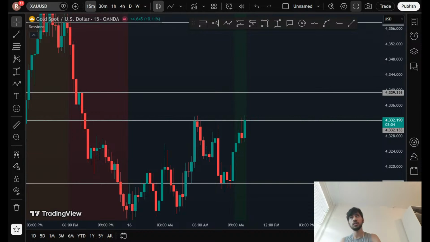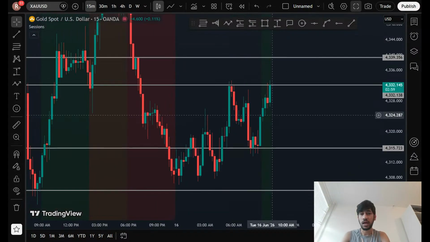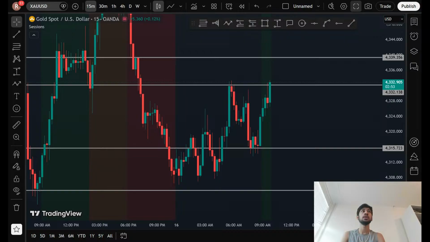So first of all, we do a higher time frame to lower time frame breakdown, and we identify market conditions, like what the 4 hour candle is doing, where we are at daily time frame, where we are at 4 hour time frame, where we are at 1 hour and 30 minute, and we build an overall bias.